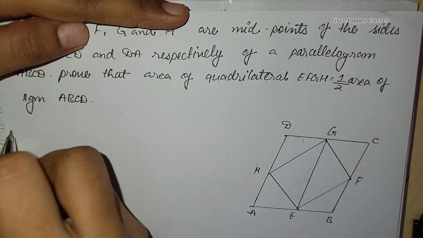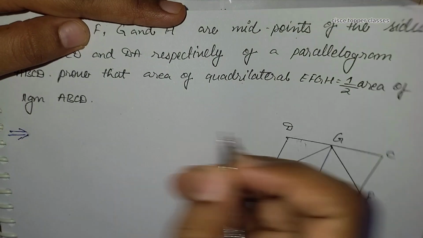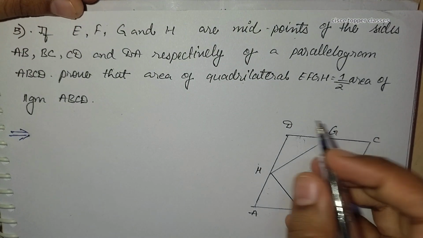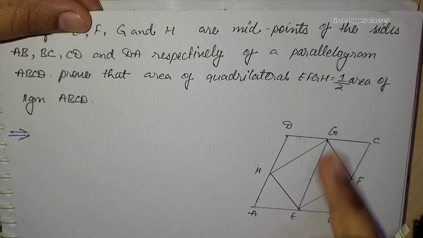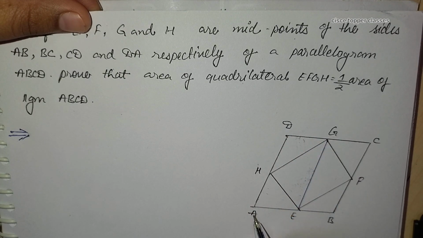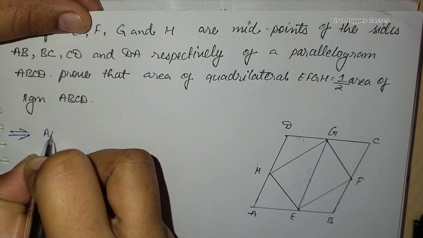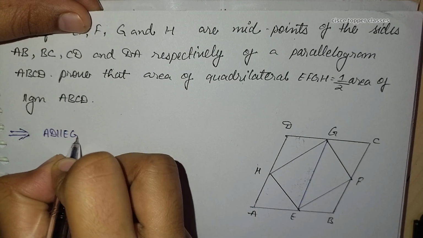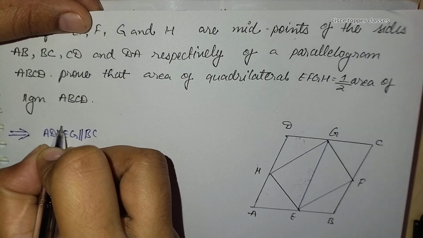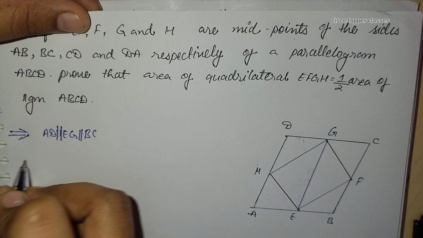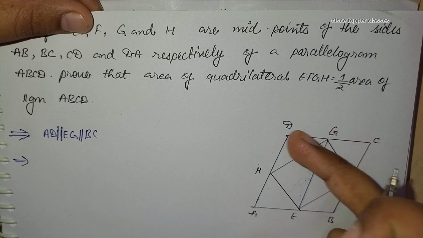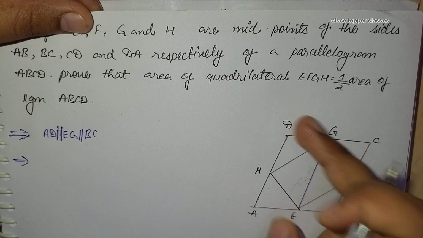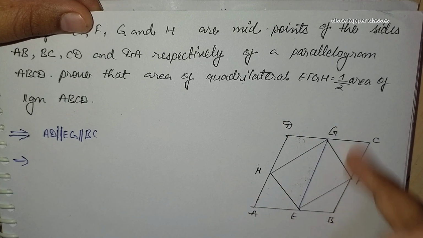So here it is given that E and G are midpoints, which means AD is parallel to EG and this is parallel to BC. So now we can write that if this is the midpoint, this parallelogram AEGD is a parallelogram and this is also a parallelogram.